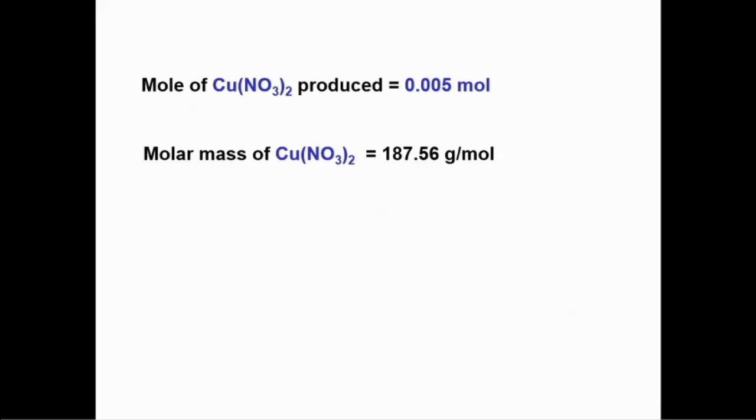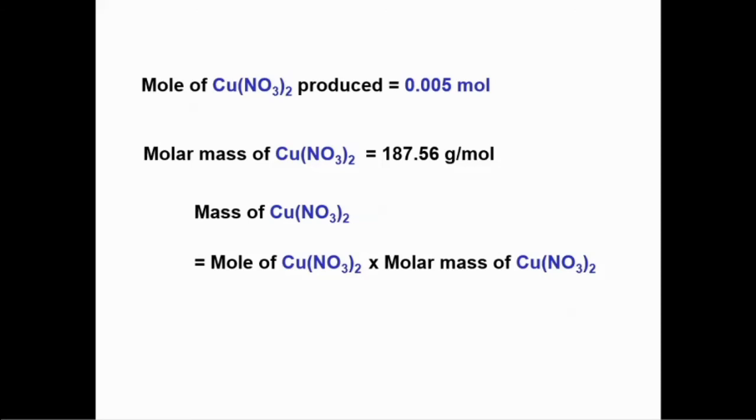Right. And then we are going to determine the mass of this copper(II) nitrate produced in this reaction. We are going to use the molar mass of copper(II) nitrate, which is 187.56 grams per mole. So mass of copper(II) nitrate equals moles of copper(II) nitrate times molar mass of copper(II) nitrate.